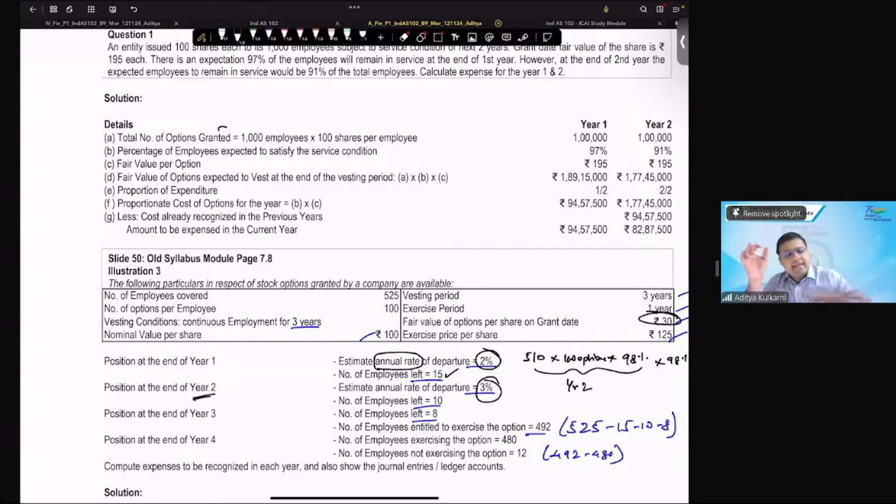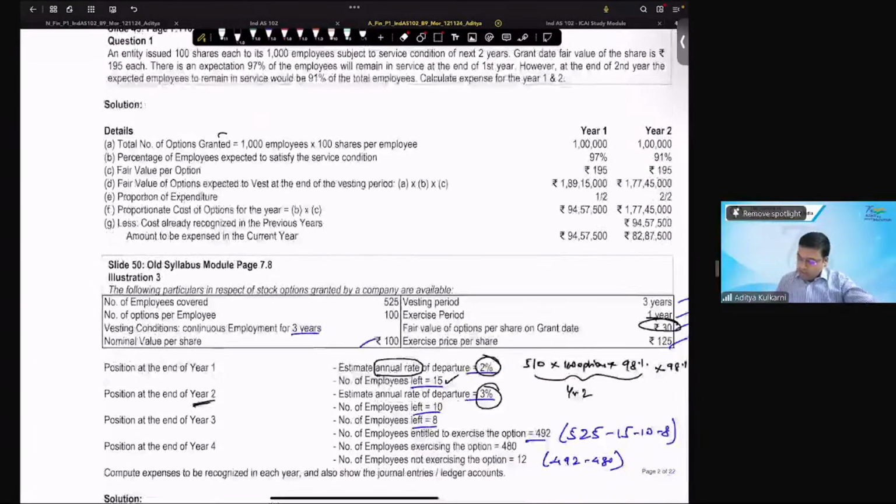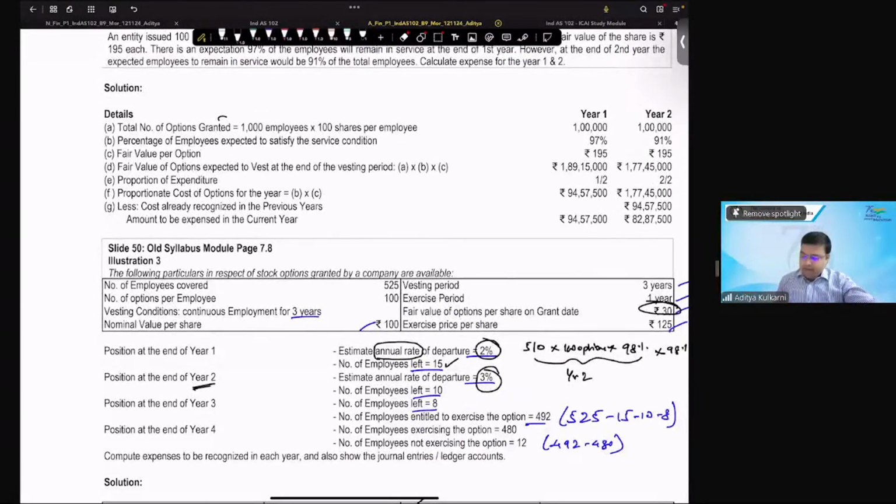At the end of each year, like end of year 1, how many employees did I have? 525 minus 15, so 510 employees multiplied by the number of options multiplied by the grant divided by 3. Forget the estimate.